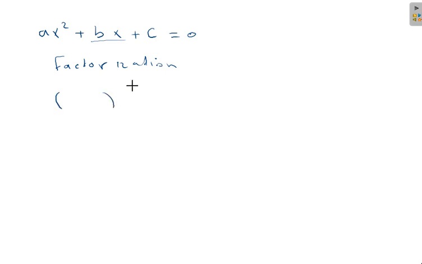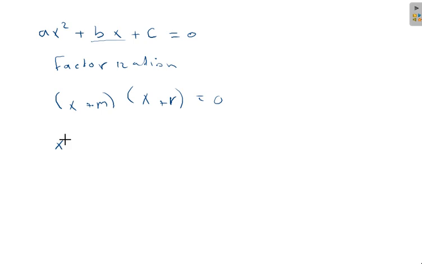We can write it as a product of two factors equals 0, where both factors have x's and a constant. Let's name the constants r and m. They are roots. For r and m, the sum of r and m must equal b, and the product has to equal c. And we solved several problems like this.